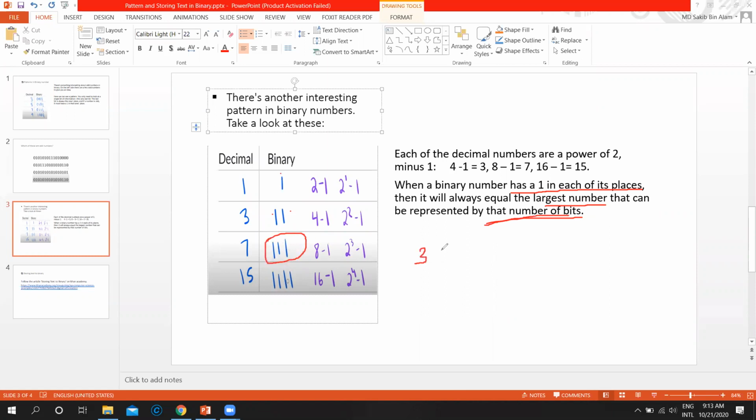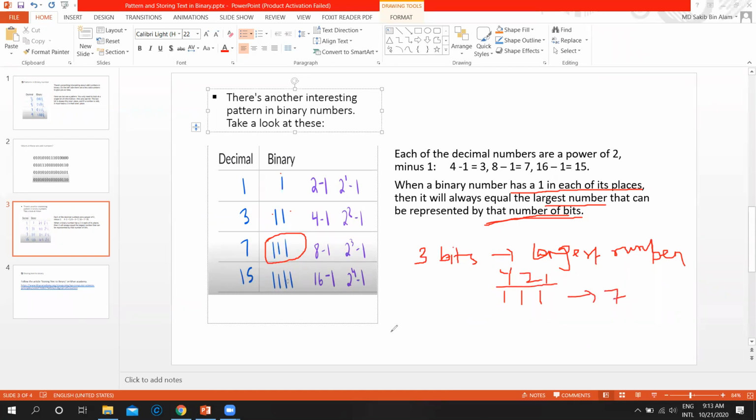For example, 3 bits. In the 3-bit binary number system, what would the largest number be? The largest number you can represent is 1 1 1, which means 7.